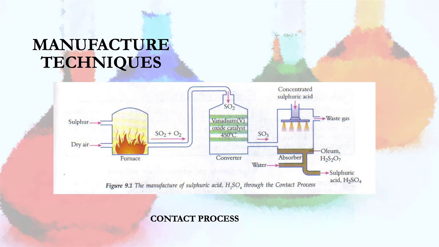The other process is called contact process, and it is based in the use of a catalyst to convert sulfur dioxide into sulfur trioxide. So the first step of this process is producing the sulfur dioxide with two possible reactions.